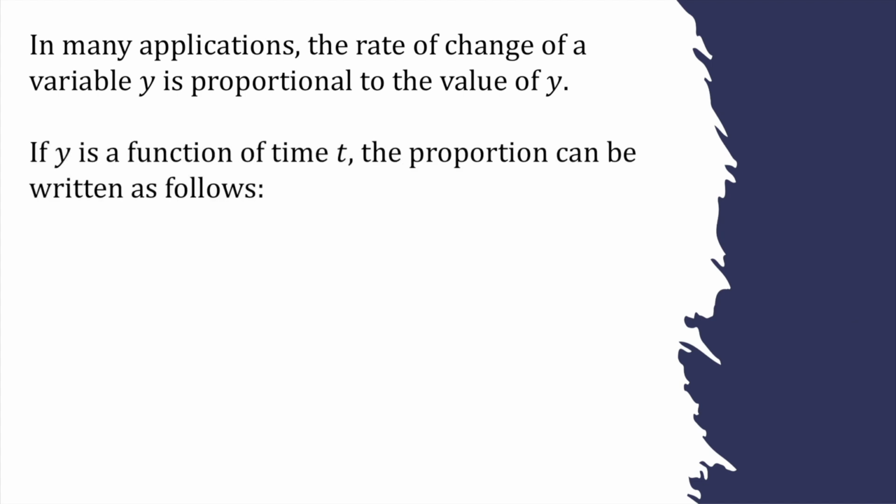And if y is a function of time, the proportion can be written as dy/dt equals ky. So the rate is proportional to the value of y, and that k is a constant, and we call it the proportionality constant, which we'll talk about in a little bit.